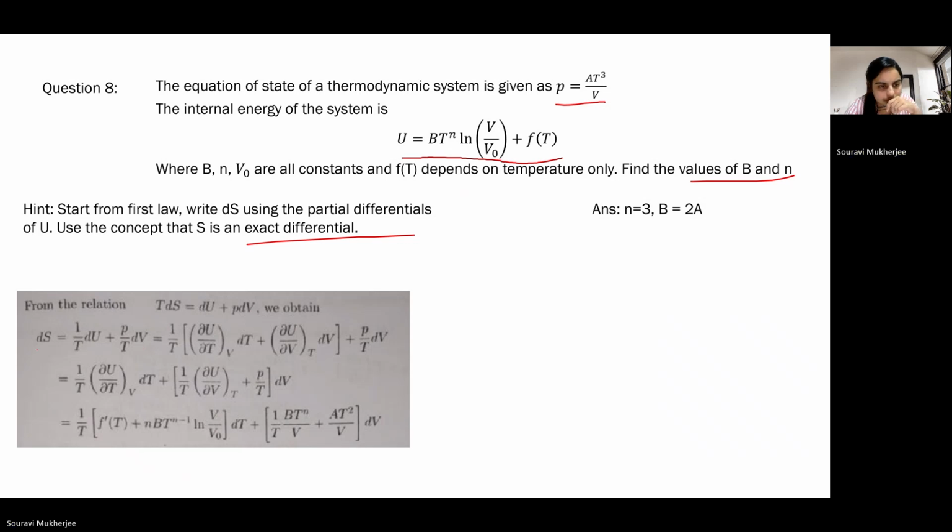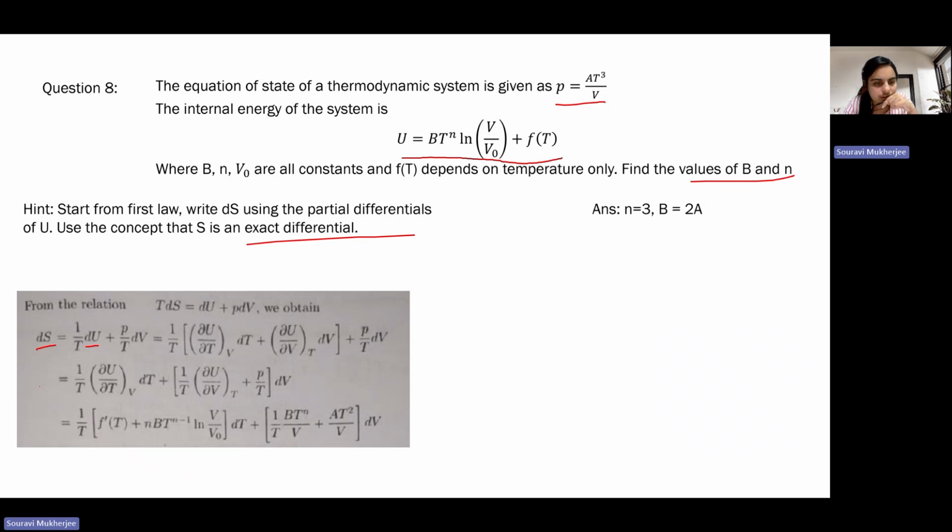Now express dS in terms of U and V. You can expand dU by writing U as a function of T and V. So you're writing dU as del U del T into dT plus del U del V into dV. Just expanded it, and you had another term given as P by T dV.